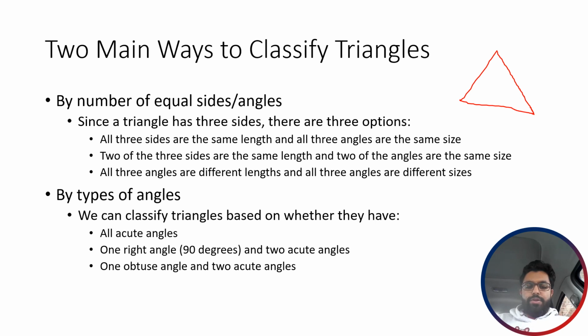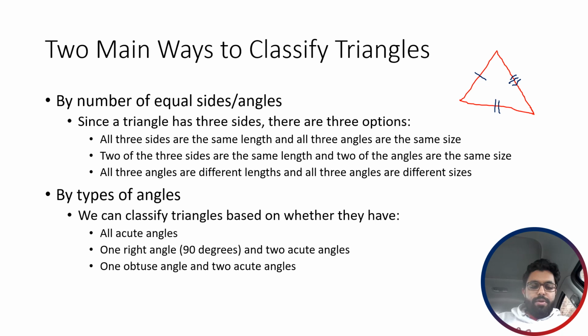So if I draw those in, I say this one is a different length from this one, which is a different length from this one. I've put one tick in that, two ticks in the next one, and three ticks in the third one to show that they're all different lengths from each other. So that's one option, that all three sides are different lengths. And in this case, when all three sides are different lengths, then all three angles would also be different. But it's also possible that you have a triangle where two sides are the same length as one another.